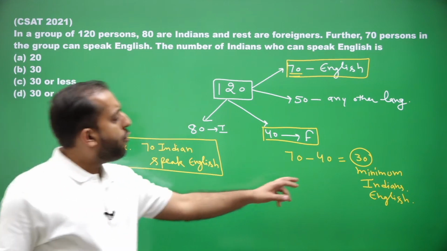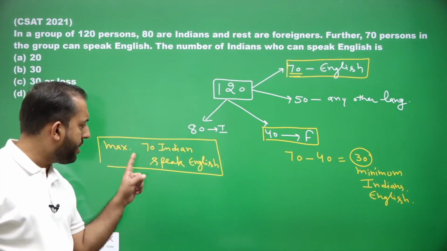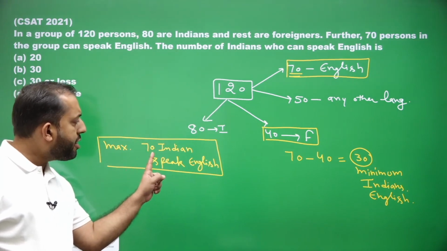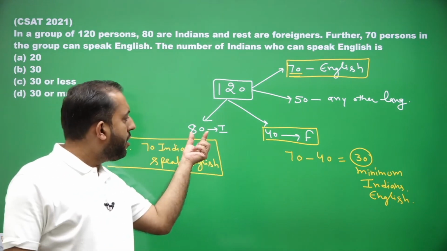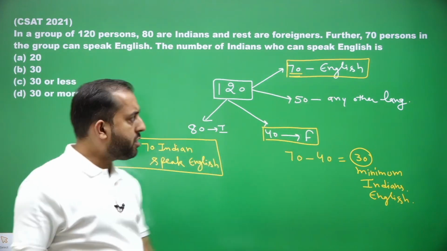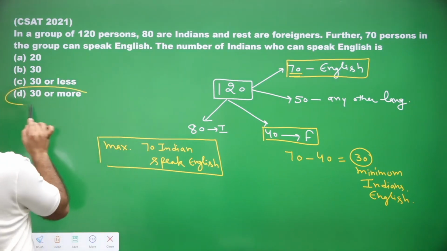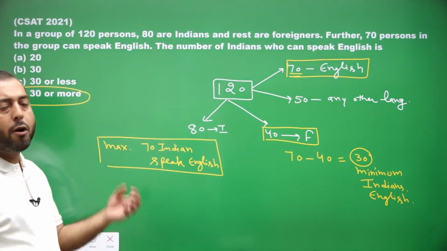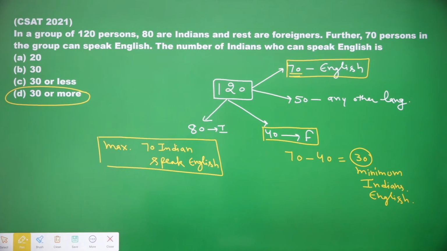So the minimum number of Indians who can speak English is 30, and the maximum is 70. Why is 70 okay here? Because the total number of Indians is 80, and it is possible that 70 out of 80 can speak English. So the answer should be 30 or more. The minimum can be 30 and the maximum can be 70.